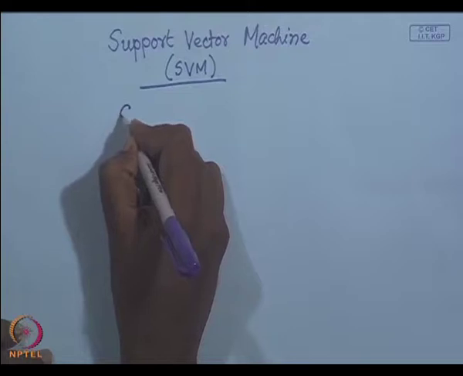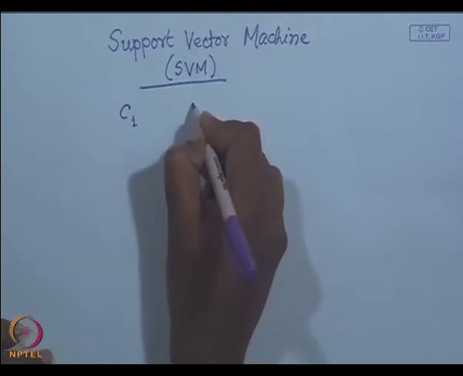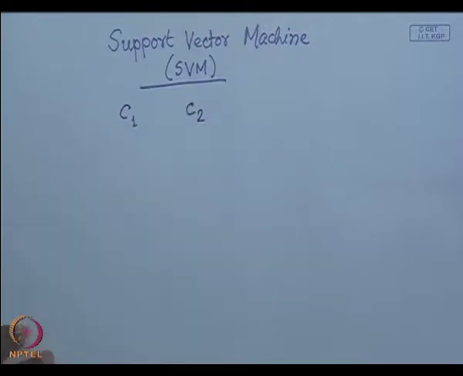In one of the early lectures, we said that if we have an input feature vector x and we define a linear discriminant function, say g of x, then for simplicity, let us consider a two class problem. We have two classes, class C1 and class C2.